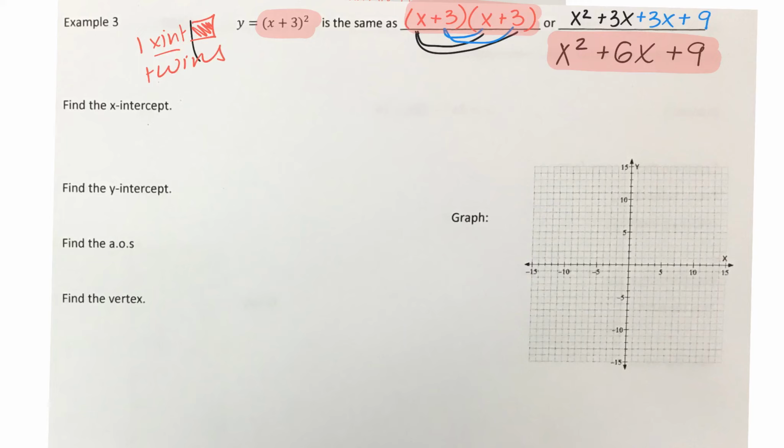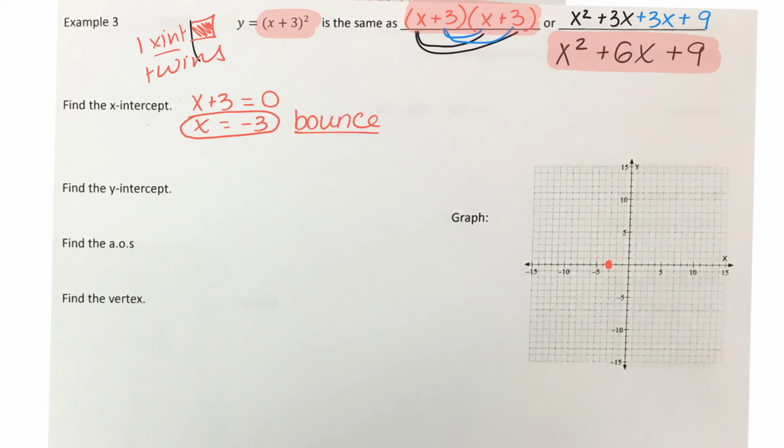So the x-intercept is really simple. It is x plus 3 equals 0, right? Replace your y with 0. Solve for x. x equals -3. Since they were twins, it's going to create what we call a bounce at -3. So come down here on your graph, we're going to plot this x-intercept at -3. And since they're twins, there are 2 of them, it creates a bounce.